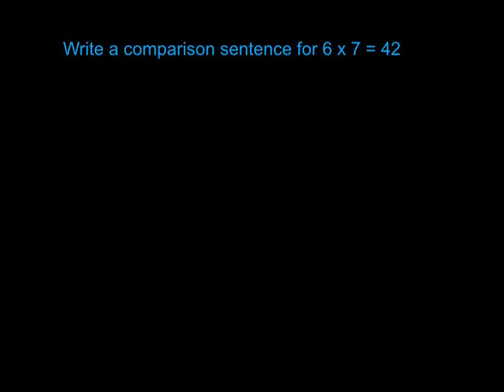Now, to write a comparison sentence, we're just taking the equation and we're putting it into words and numbers. So, in this case, we have 6 times 7. 6 times 7 equals 42. Now, 6 is what we can start off with. Okay, so we're going to just take our sentence here and we're going to say 6.